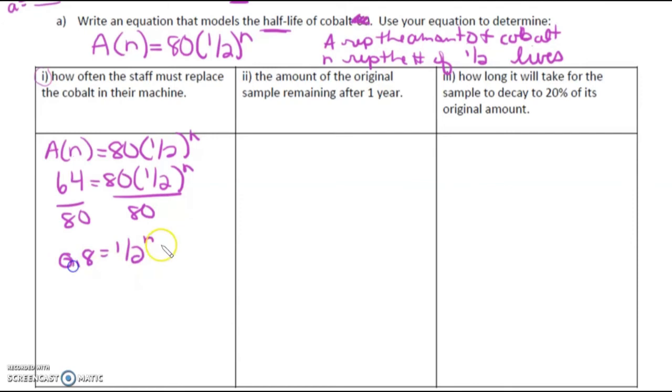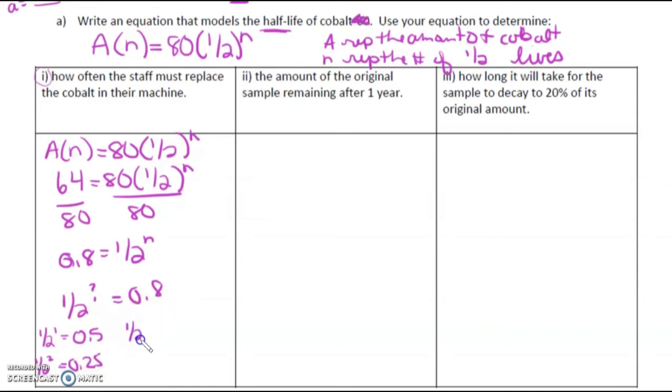So we have to figure out 1/2 to what number equals 0.8. Literally just take your calculator and go 1/2 to the 1 is 0.5. But if we do 1/2 squared, we're going to get 0.25, so we're actually going away from what we want.